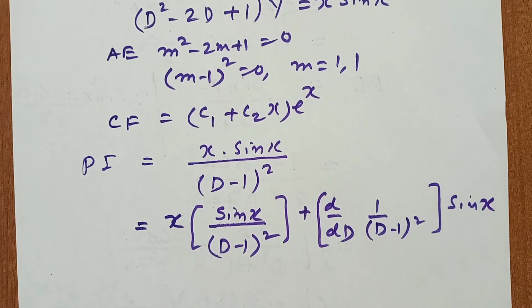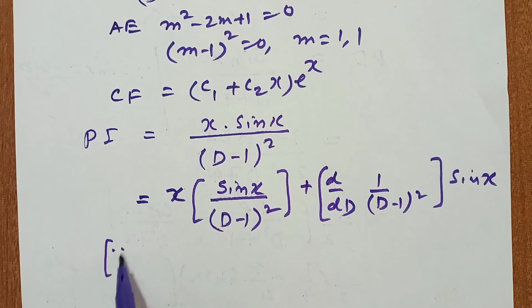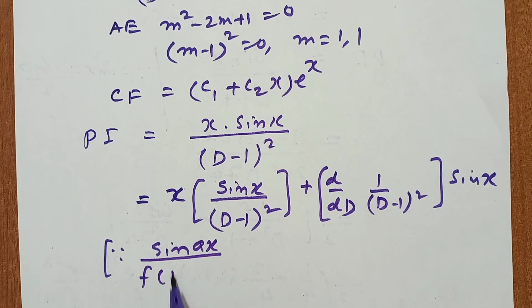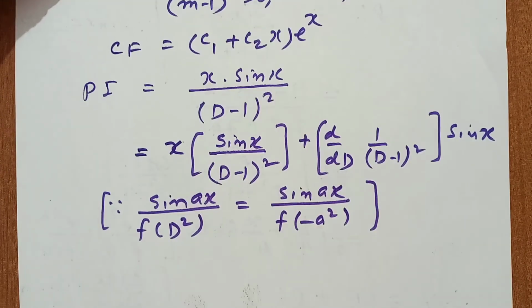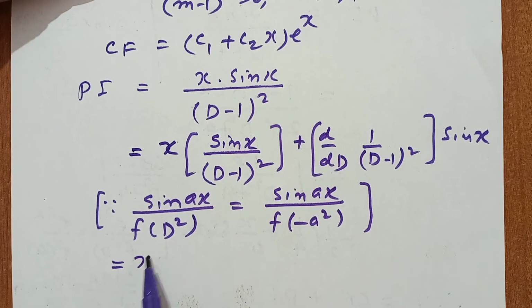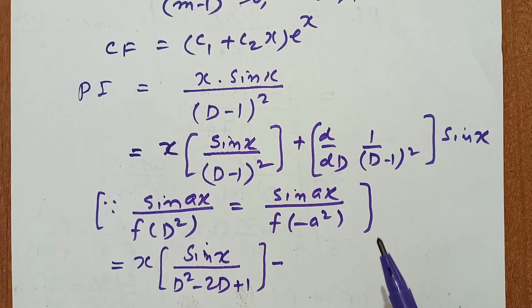As we know, the particular integral of sin ax: sin ax upon f(D squared) equals sin ax upon f(minus a squared). So here this equals x sin x upon D squared minus 2D plus 1, since 1 upon (D minus 1) whole square.